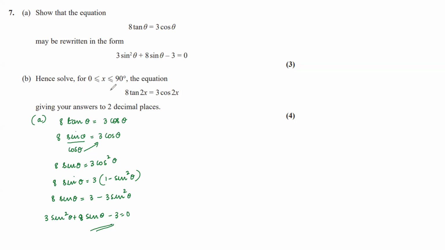Now, hence solve for x greater than or equal to 0 and less than or equal to 90 degrees the equation 8 tan 2x is equal to 3 cos 2x. So now the B part here. For x, the range is given as 0 to 90.